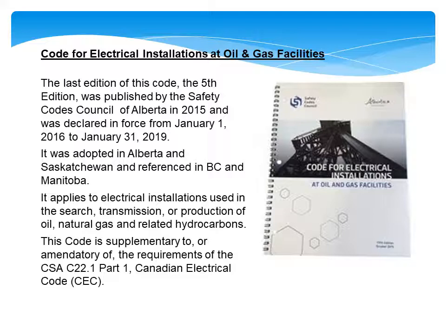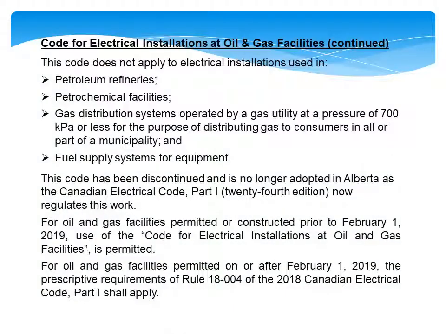As I mentioned earlier, the Code for Electrical Installations at Oil and Gas Facilities has been discontinued and is no longer adopted in Alberta, for the Canadian Electrical Code Part 1 24th edition now regulates this work. For area classification requirements at oil and gas facilities permitted or constructed prior to February 1, 2019, the use of the Code for Electrical Installations at Oil and Gas Facilities is permitted.